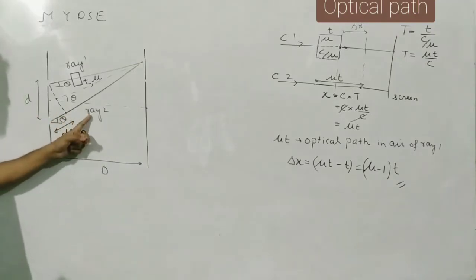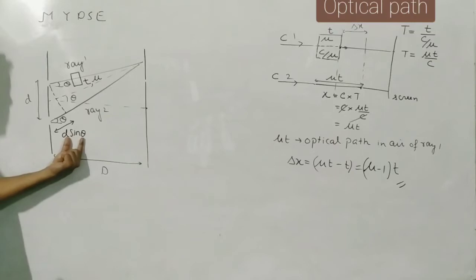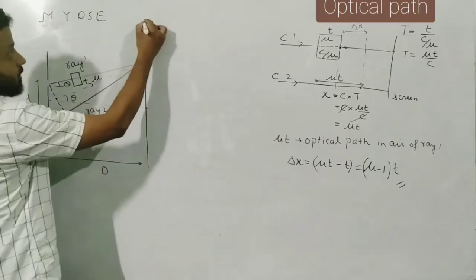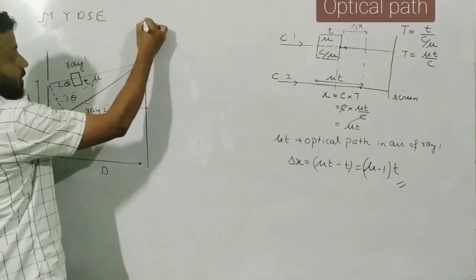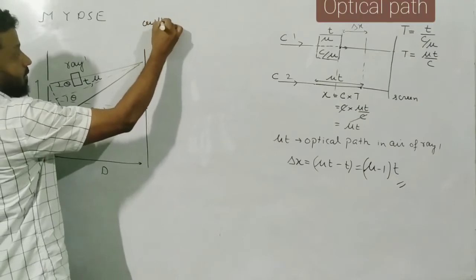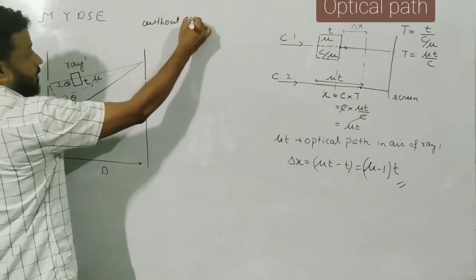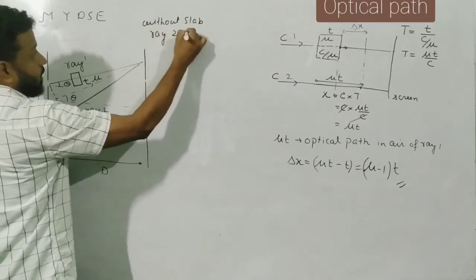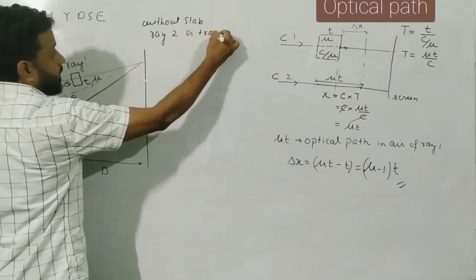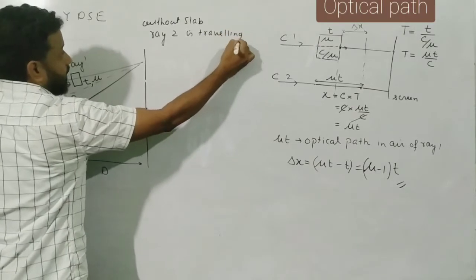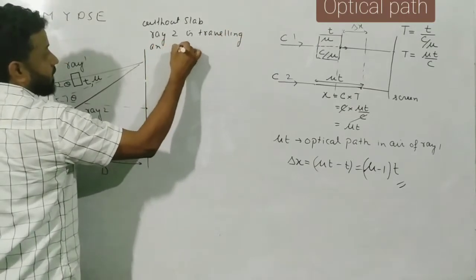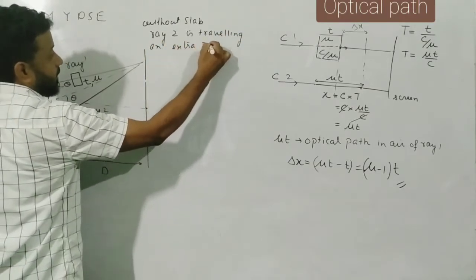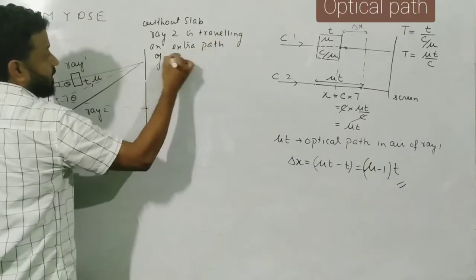That means ray 2 is traveling an additional distance of d sine theta. So without the slab, let us write here, ray 2 is traveling an extra path of d sine theta.